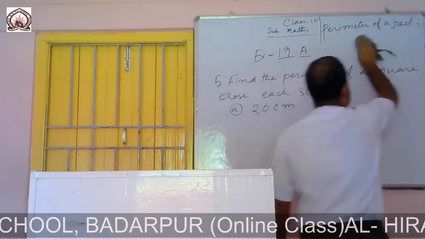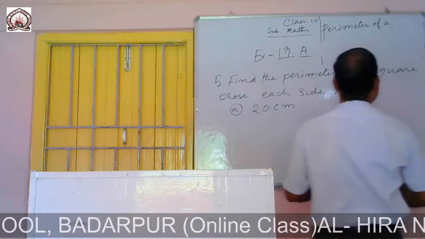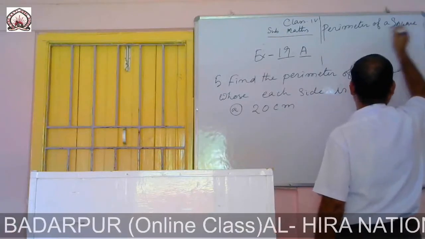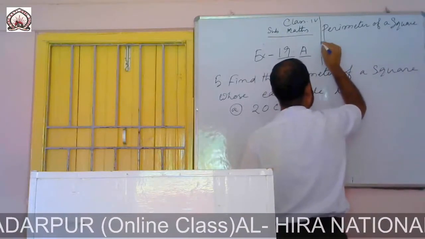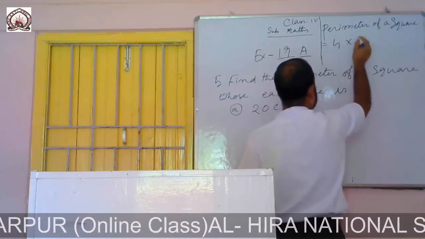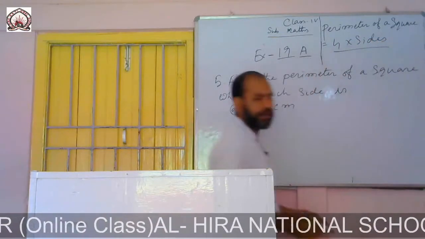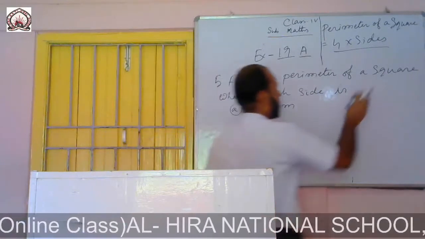We know the perimeter of a square equals 4 into side.